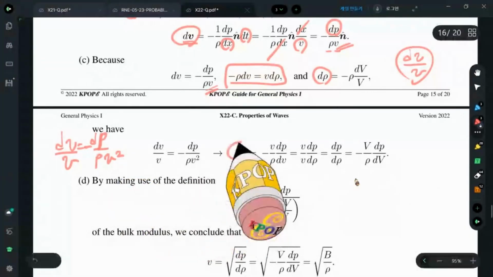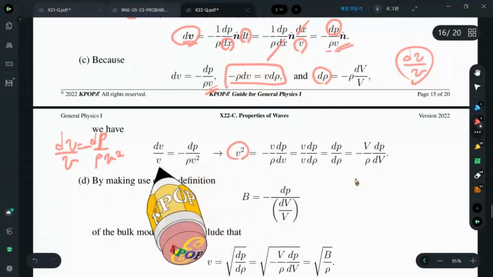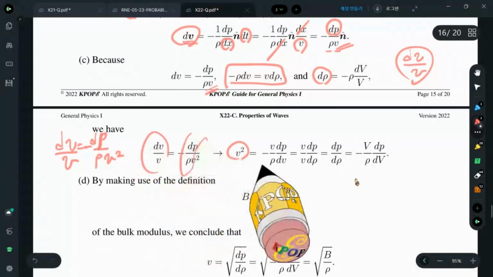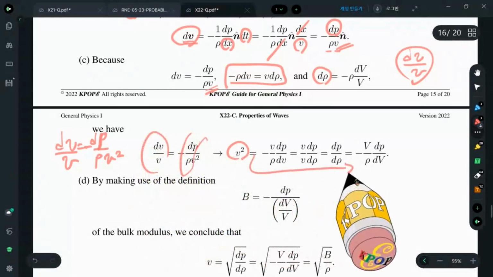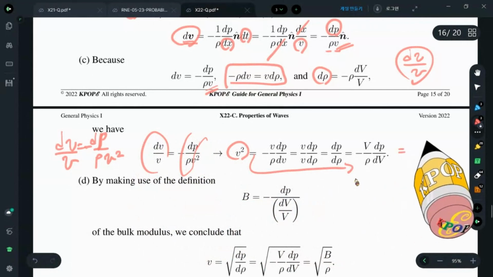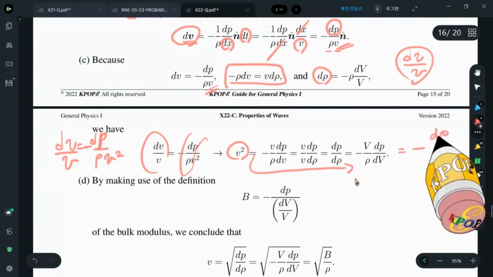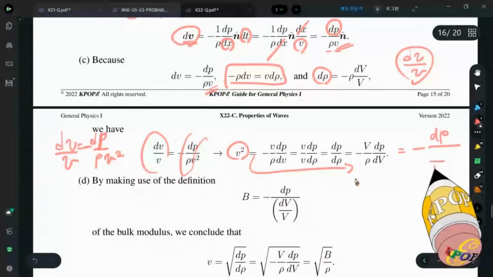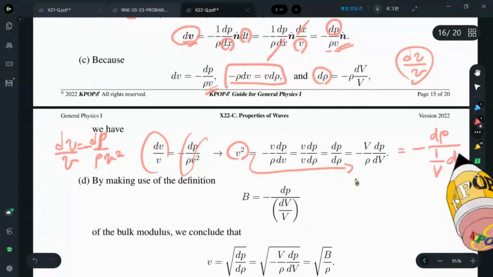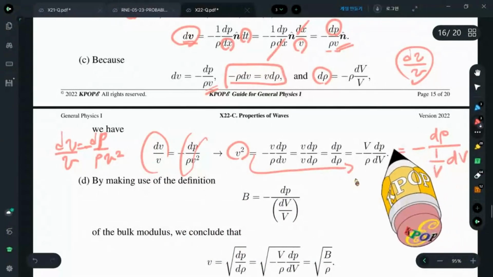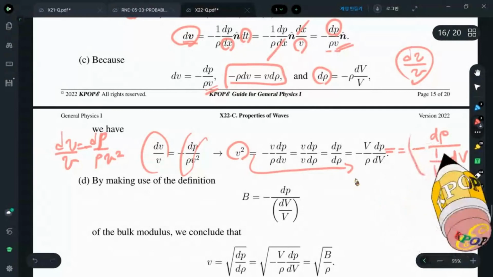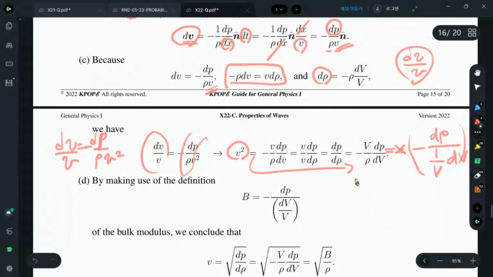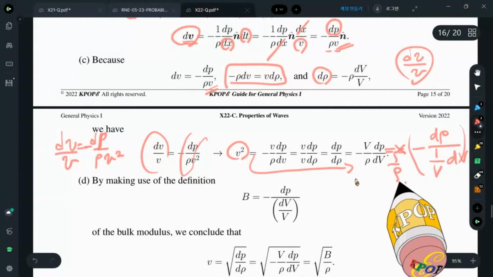So v squared can be expressed as a ratio of this and this. At the end of the day, what we find is minus the pressure change times 1 over v dv, multiplied by 1 over rho.